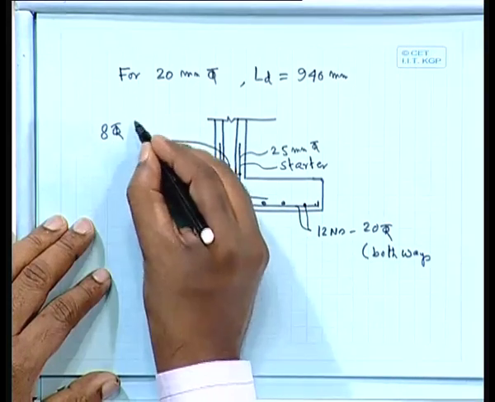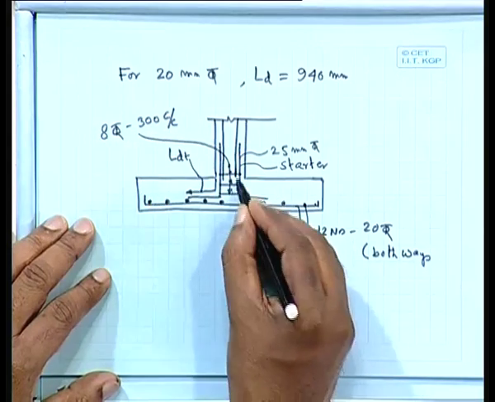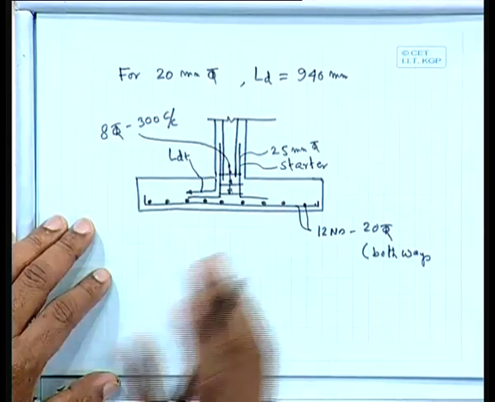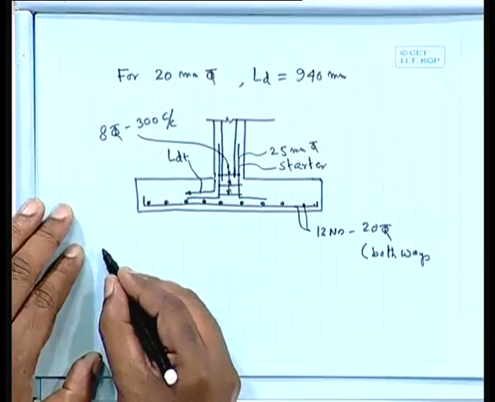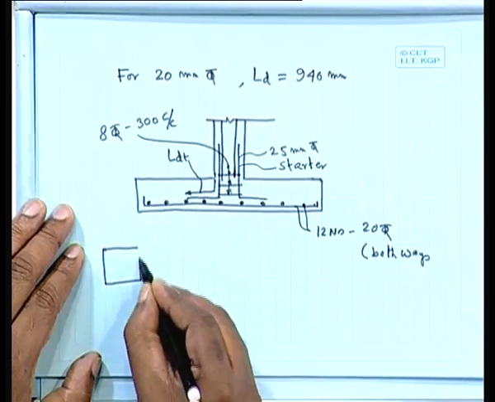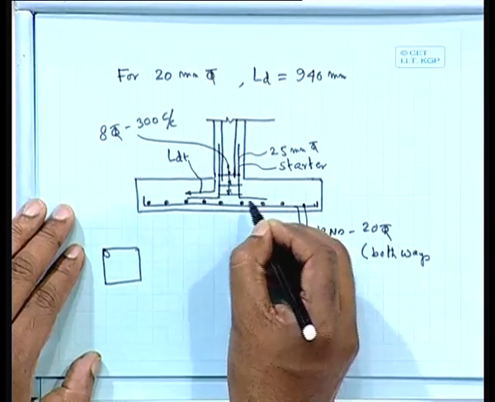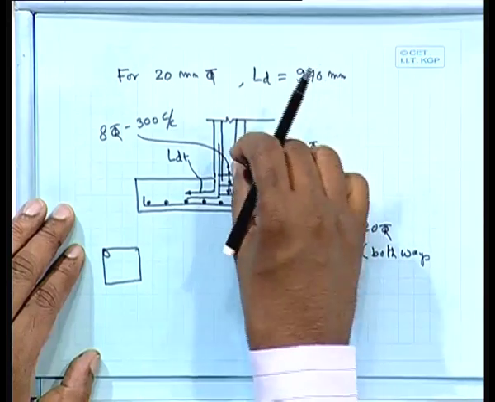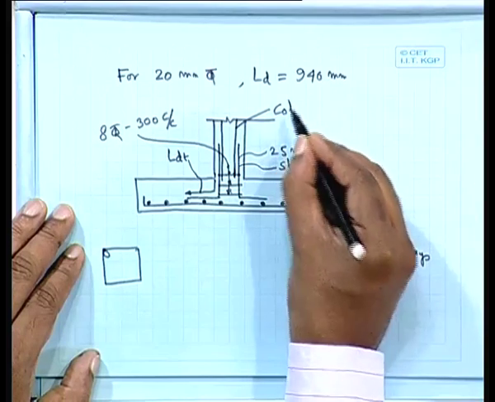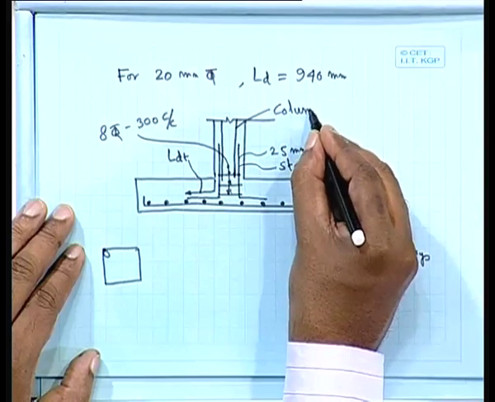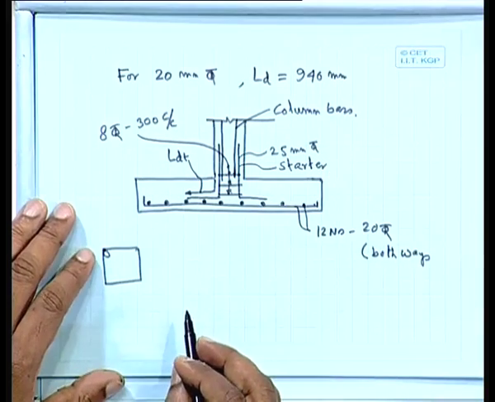If it is not specified, provide at least 300 millimeter center to center, at least 3 ties, the ring type, to hold these starter bars, and later the column bars will start. This is your column bars. So this reinforcement you have to provide.